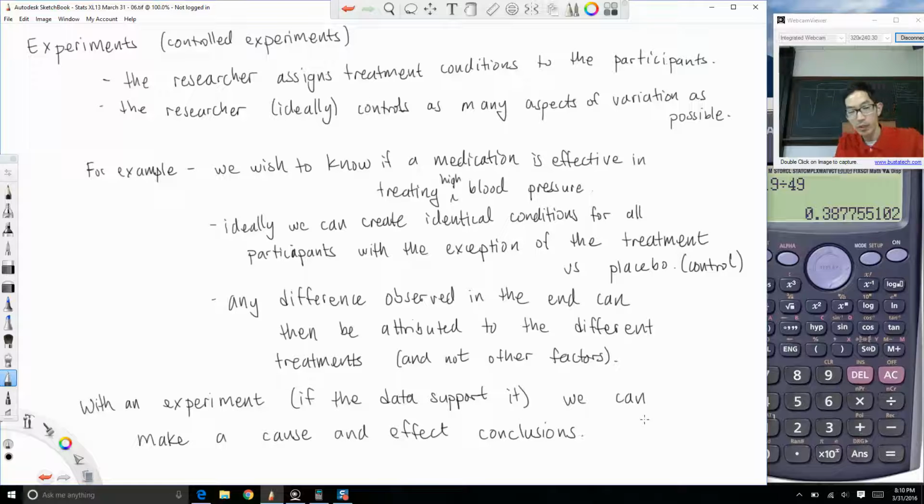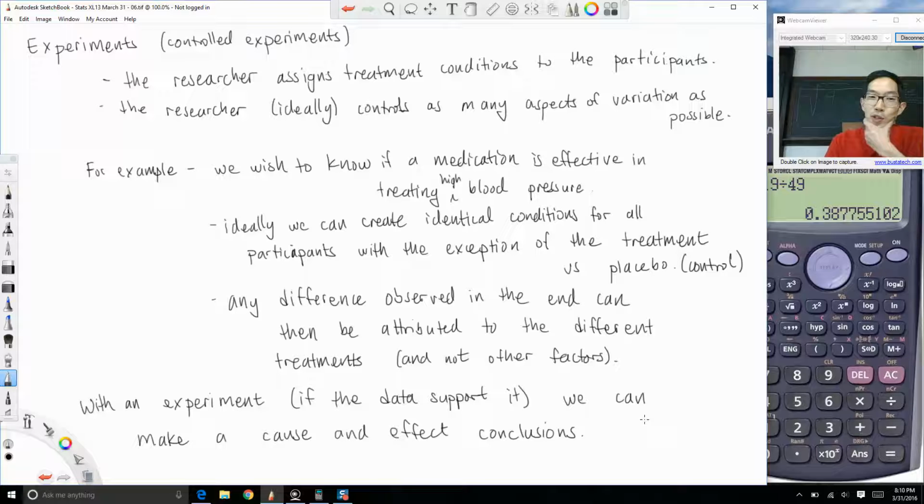We'll talk about this briefly in chapter 11 when we talk about ANOVA and how there are blocked designs to try to control for these other confounding factors. But we're just going to say that this happens.